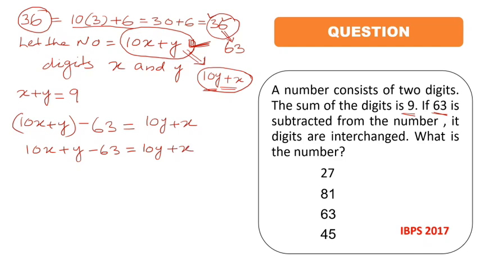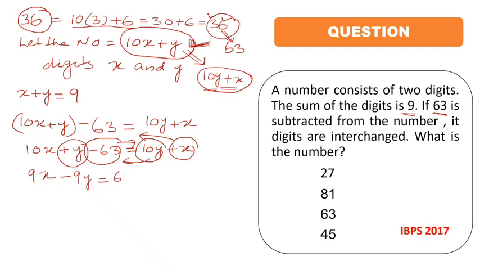We have 10x, and when I take plus x to this side, it becomes minus x. So 10x minus x becomes 9x. Here we have y, and taking 10y to this side gives minus 10y. So y minus 10y becomes minus 9y, which is equal to minus 63. When I take it to that side, it becomes plus 63.